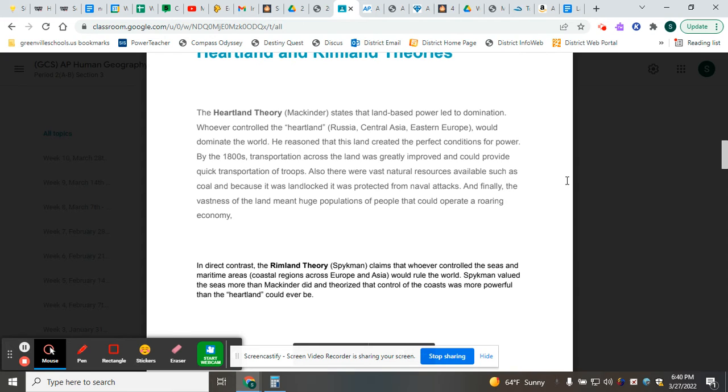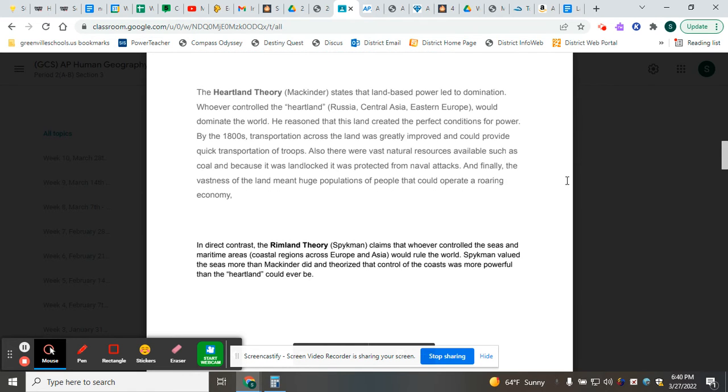Would it be having control over a vast stretch of land, or would it be more important to have control over vast stretches of coastline? I'm sure you can come up with the pros and the cons for both, as far as attacking this from a debate perspective. But just know what these two theories were at their core.